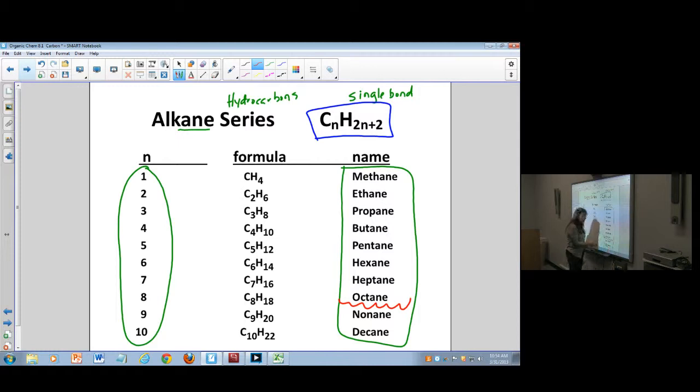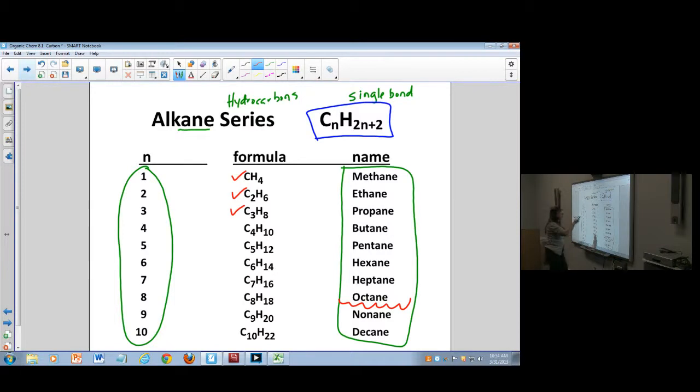Mostly with nonane and decane, I expect you to be able to recognize them, name them if you needed to. All right, so on an alkane series, everything is singly bonded. There's no double, triple bond anywhere in these. We have this formula, CnH2n plus 2. We have looked at methane, and we looked at ethane, and we looked at propane already.